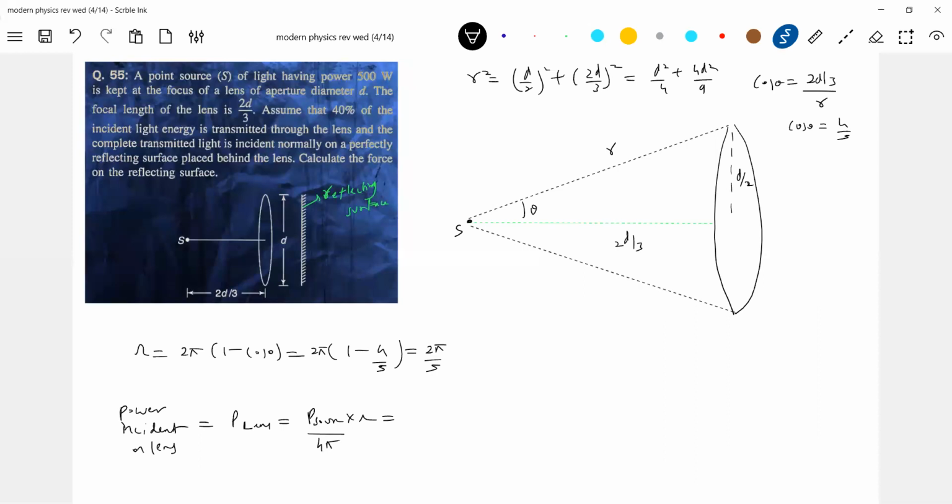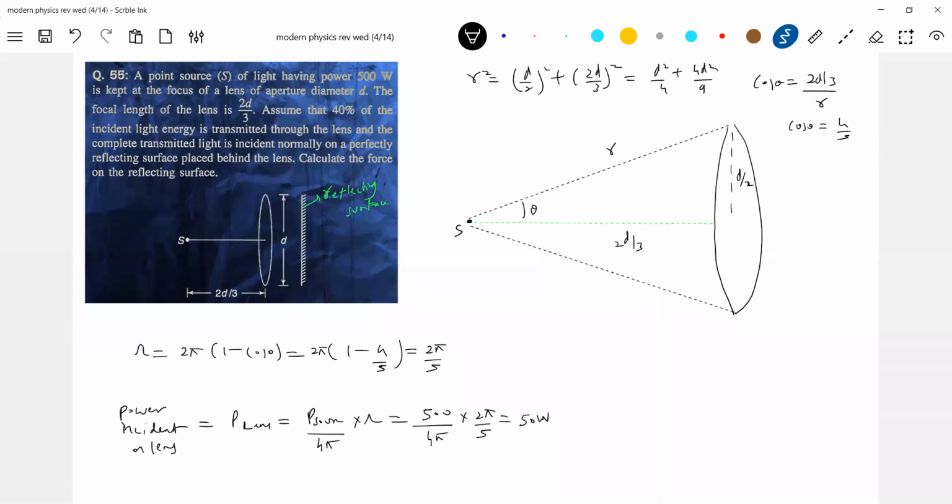So this fraction is the amount of power incident on the lens. This will be 500 into 2 pi by 5 divided by 4 pi. How much is it? 250, 50. Yeah.